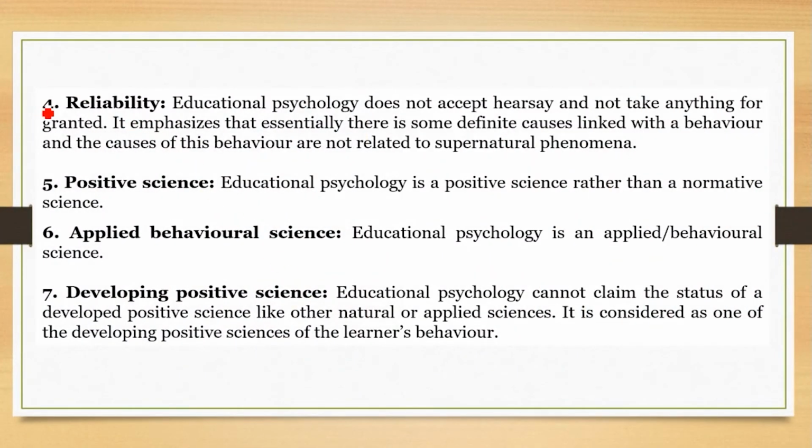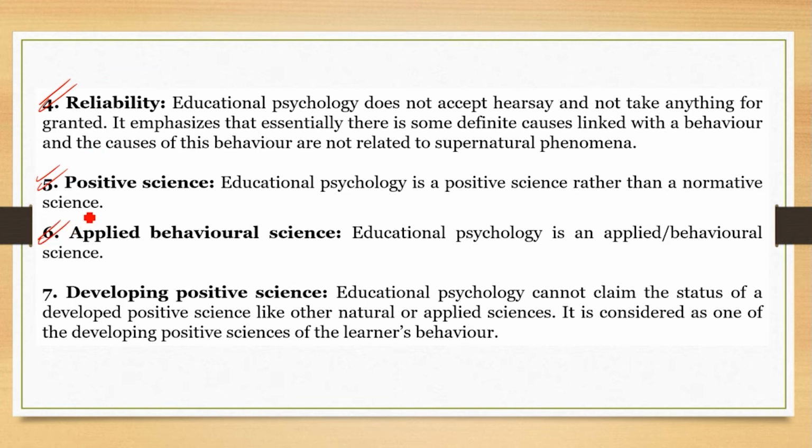Now next, the fourth nature, reliability. Educational psychology does not accept hearsay and does not take anything for granted. It emphasizes that essentially there are some definite causes linked with a behavior, and the causes of this behavior are not related to supernatural phenomenon. The fifth nature, positive science. Educational psychology is a positive science rather than normative science.